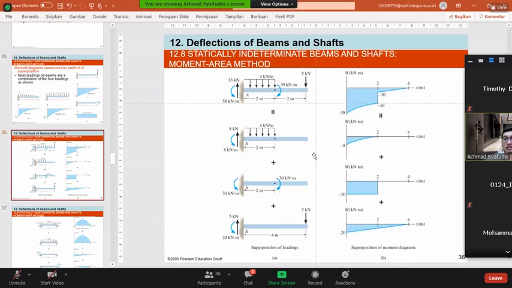So you can see we can separate the loads into only distributed, only moment, and only concentrated load. This is very simple to get the moment area below the diagram. After we combine all the moment areas, we get the combination of the moment area below the diagram.